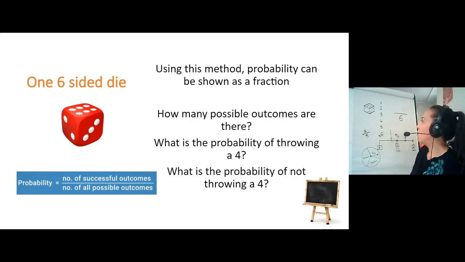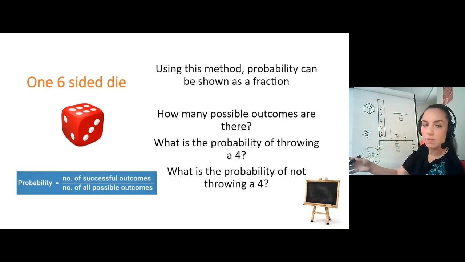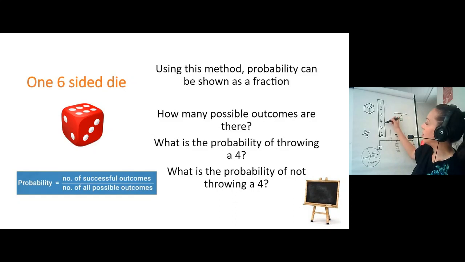So the probability of rolling a 4, so we've got 6 possible outcomes, and these are your possible outcomes for rolling a dice. 1, 2, 3, 4, 5, or 6. The probability of rolling a 4 is how many times a 4 appears in the possible outcomes.